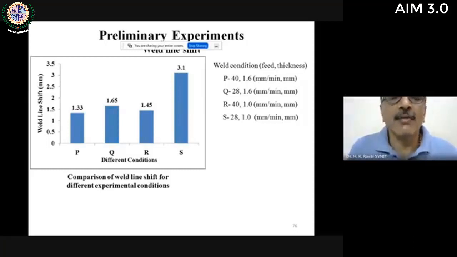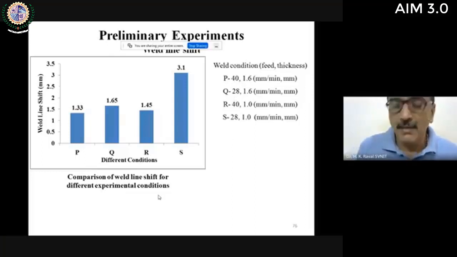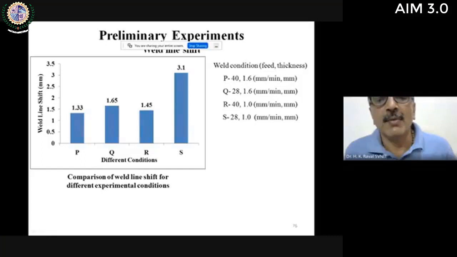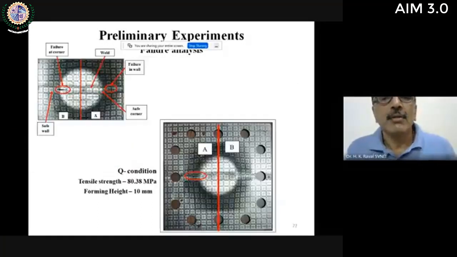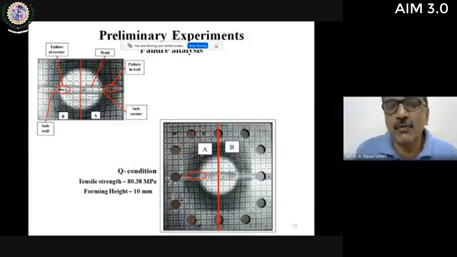So weaker material will have more weld line shift, stronger material less. Again, feed is also considered here. Higher feed and lower feed are compared for the given experimentations. But there is not much variation for P and R because the feed is high. So this is the image we were able to obtain.